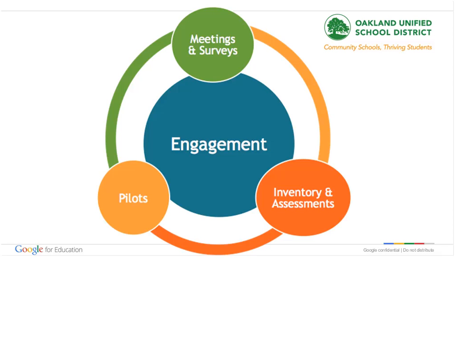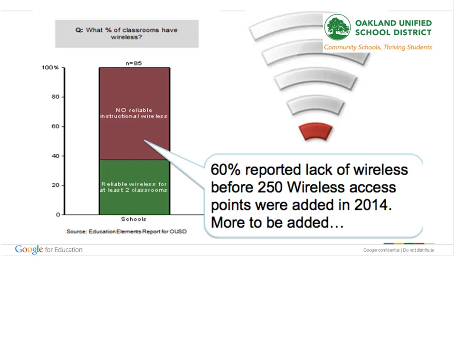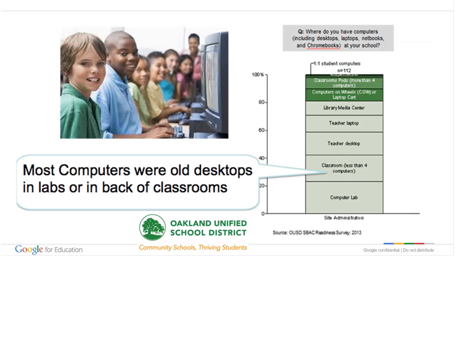So we knew what we wanted. We did some engagement, and I'm going to show you how we ended up with Chromebooks. So we did engagement with our stakeholders, and we found out people lacked wireless, so we added wireless. But more importantly, the computers were old. They were generally in the backs of classrooms or they were in labs.